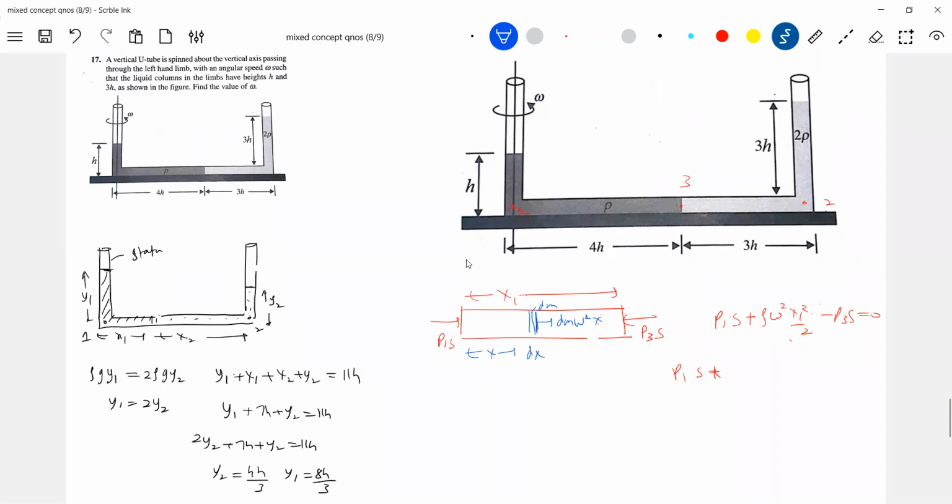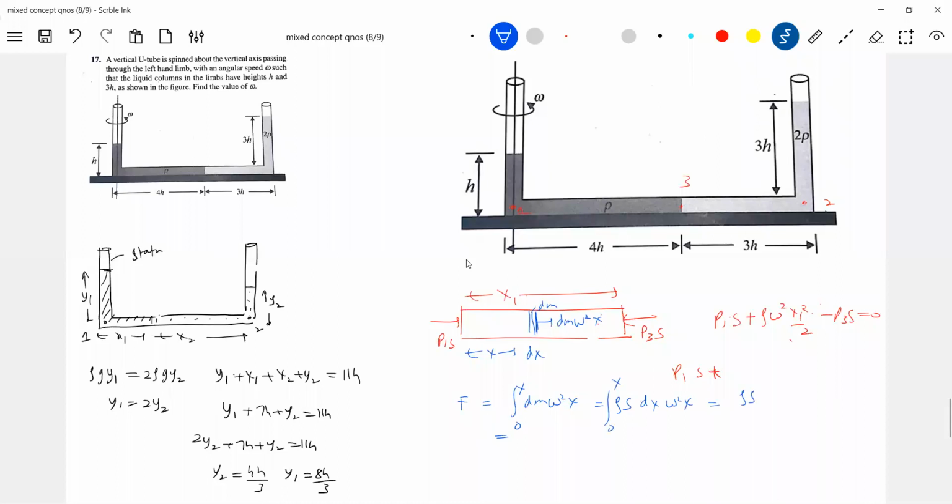Then what will the pseudo force be? Pseudo force F should be equal to the integral of dm omega square x, 0 to x. I'm just trying to show that it is rho S dx omega square x, 0 to x.